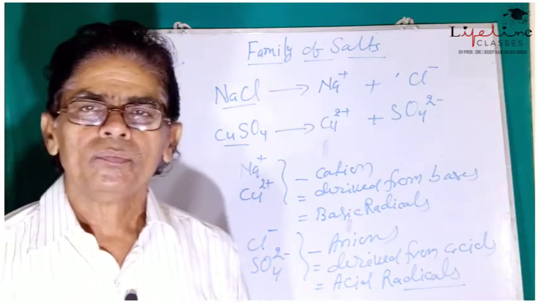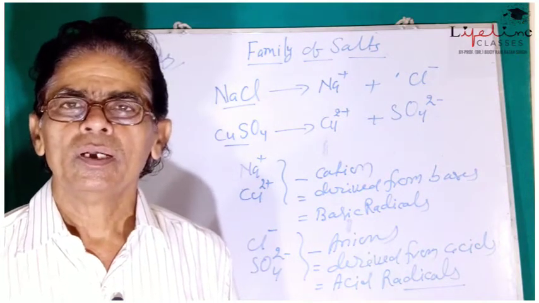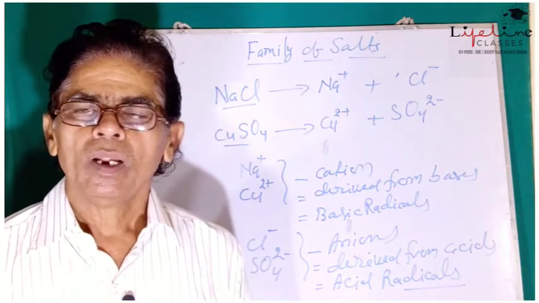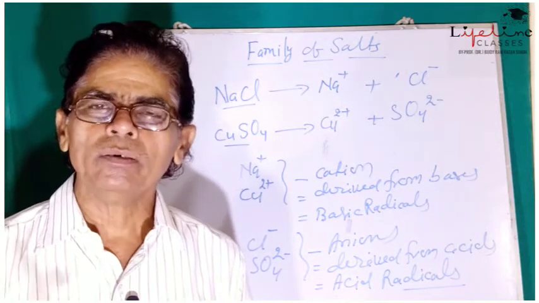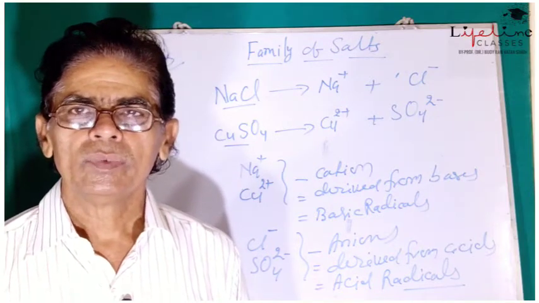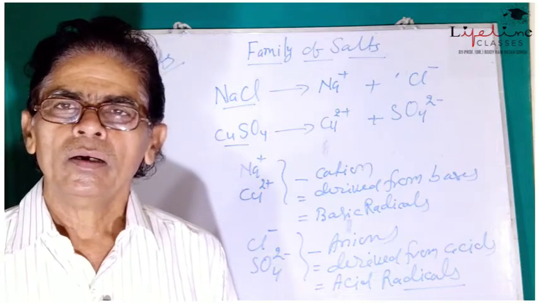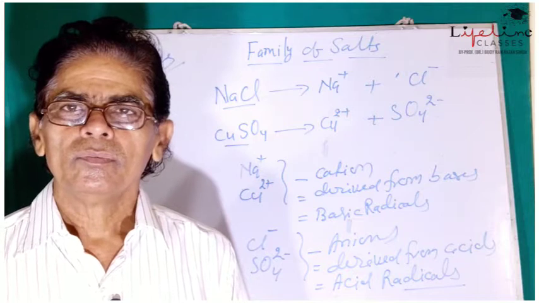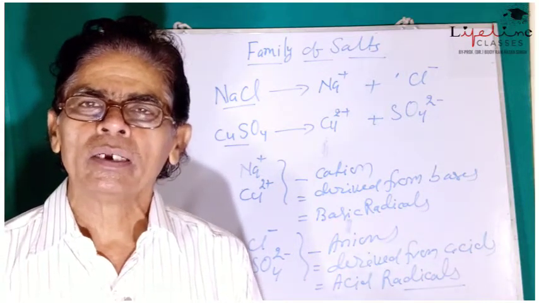What do we mean by family of a salt? Suppose that you are given a number of salts which have common ions, like cations or anions, then the salts belong to the family of that element which is the common ion among all the given salts.